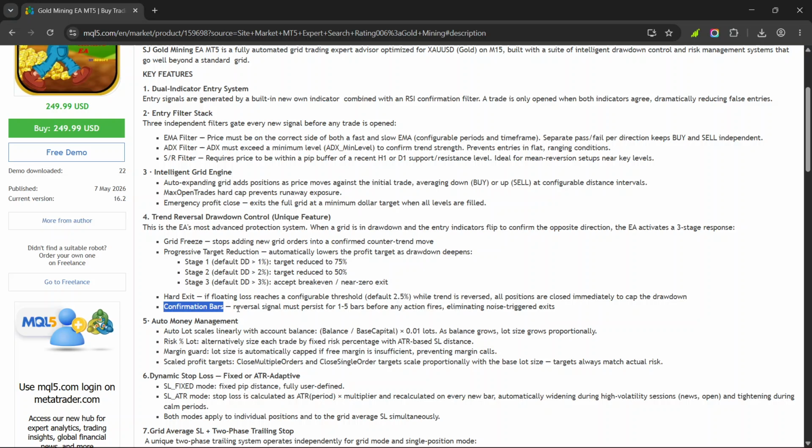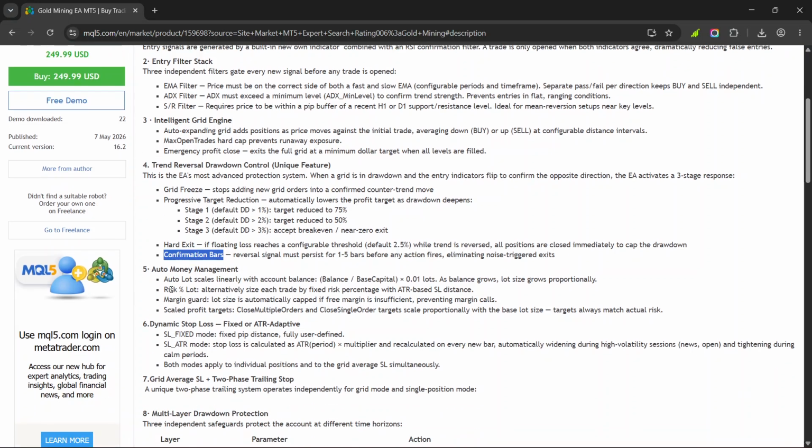They really emphasize this goes well beyond a standard grid. And let's move on to its features and settings.